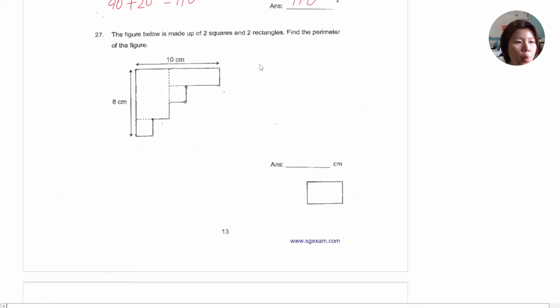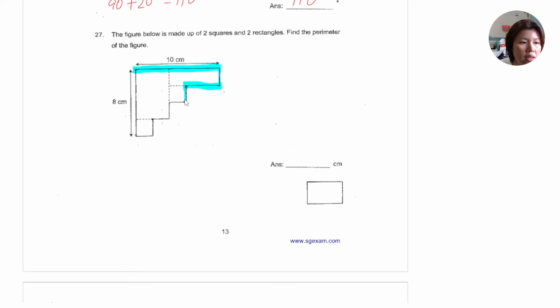Here is 2 squares and 2 rectangles. They want to find a parameter. Finding parameter meaning all the highlighted lines requires you to find the parameter.